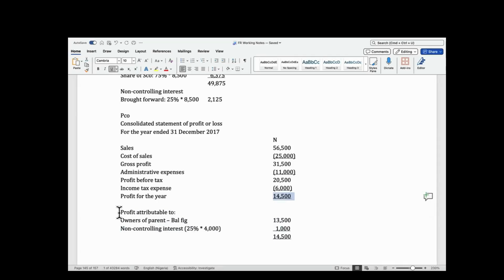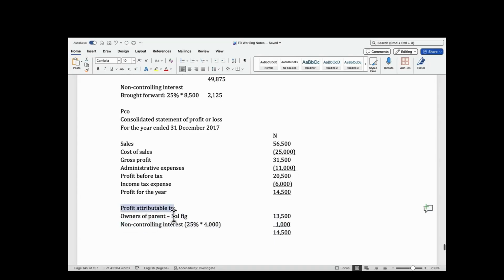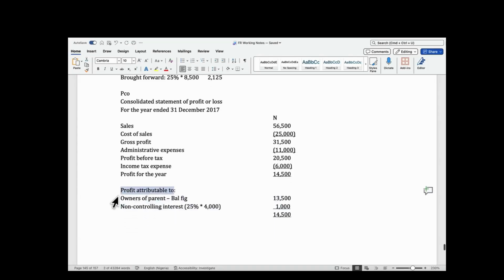To share it, the tradition is to say profit attributable to owners of parent, which is us, the parent, and the non-controlling interests. Usually, we are going to get the profit attributable to owners of parent as the balancing figure. You will always get it as the balancing figure.